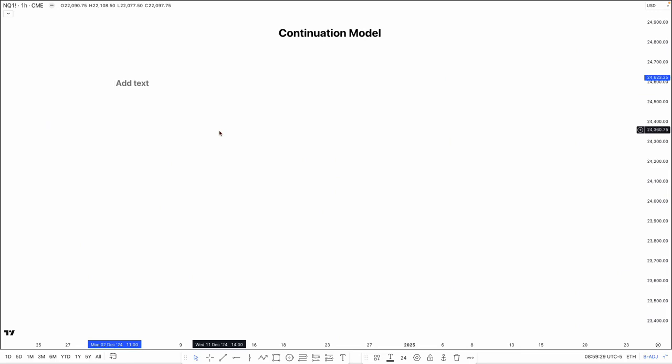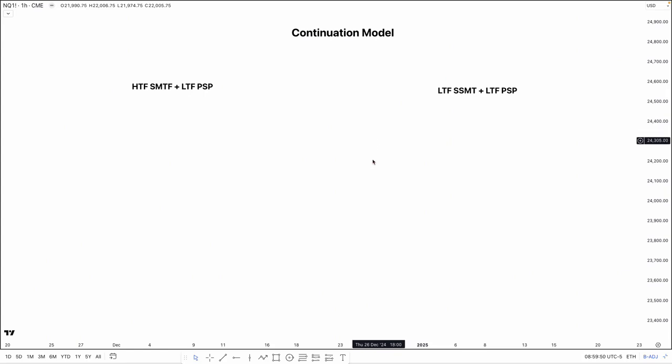We can look for a higher time frame SMT fill paired with a lower time frame precision swing point, or we can look for a lower time frame sequential SMT paired with a lower time frame precision swing point for trading our continuations.